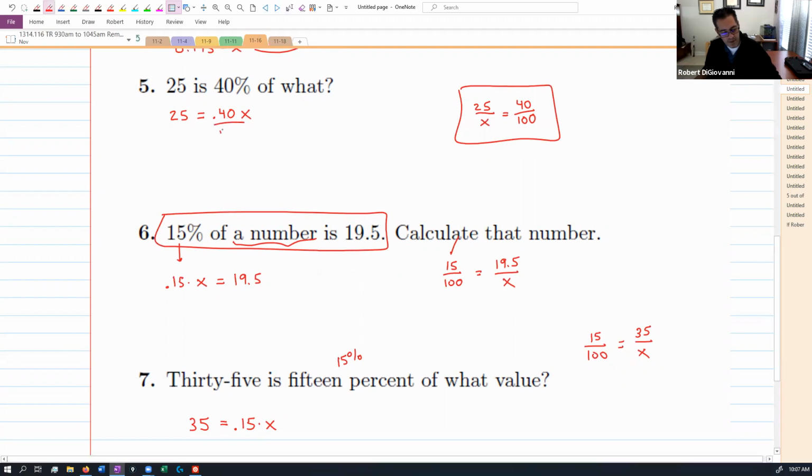To get X by itself, divide both sides by 0.4 or 0.40, and we'll have an answer. 25 divided by 0.4, yeah, 62.5 is X. All right, on the next one, we're going to divide both sides by 0.15 to get X by itself. $130.